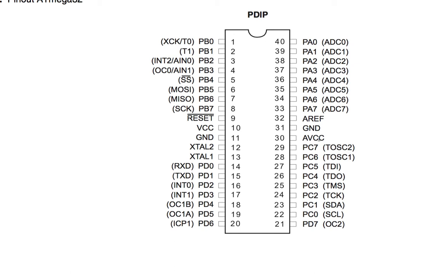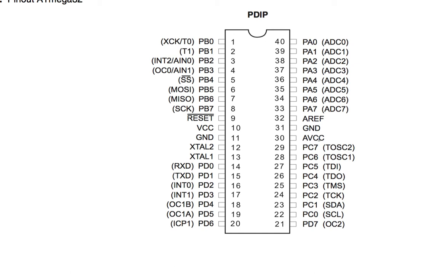Then the next thing that you're going to do is to actually start the conversion by setting the ADSC bit in the ADCSRA register to 1, so that it's enabled. Then you wait for the conversion by polling the ADIF bit in the ADCSRA register.